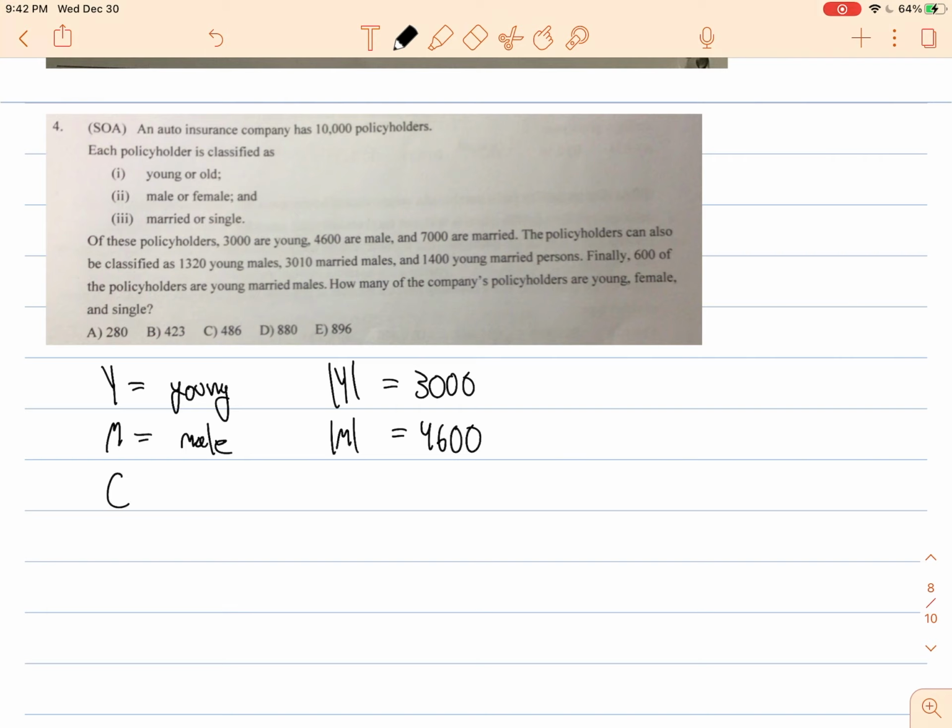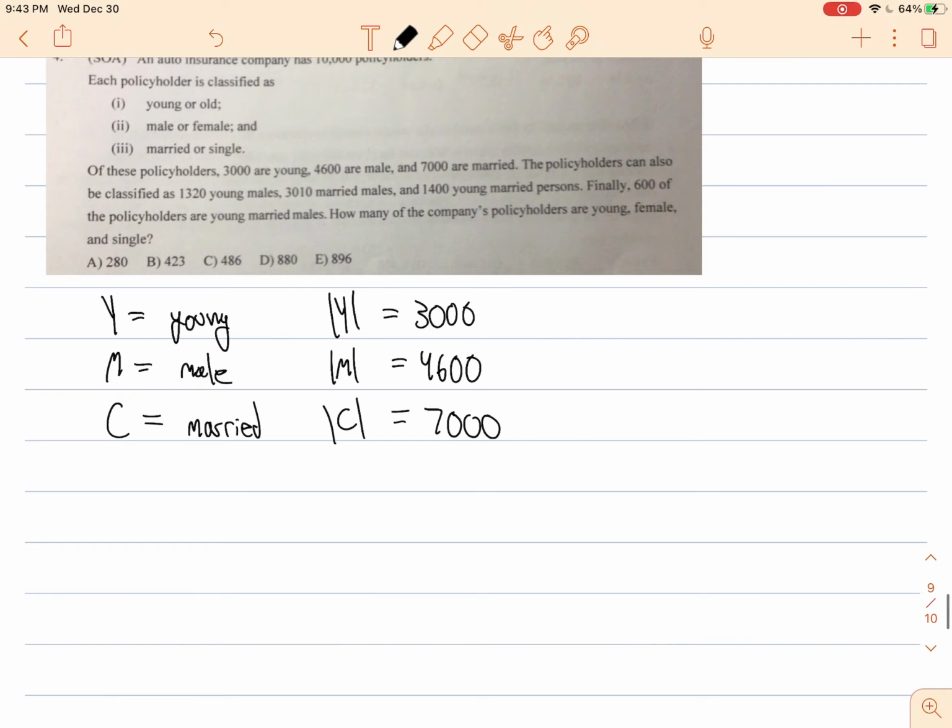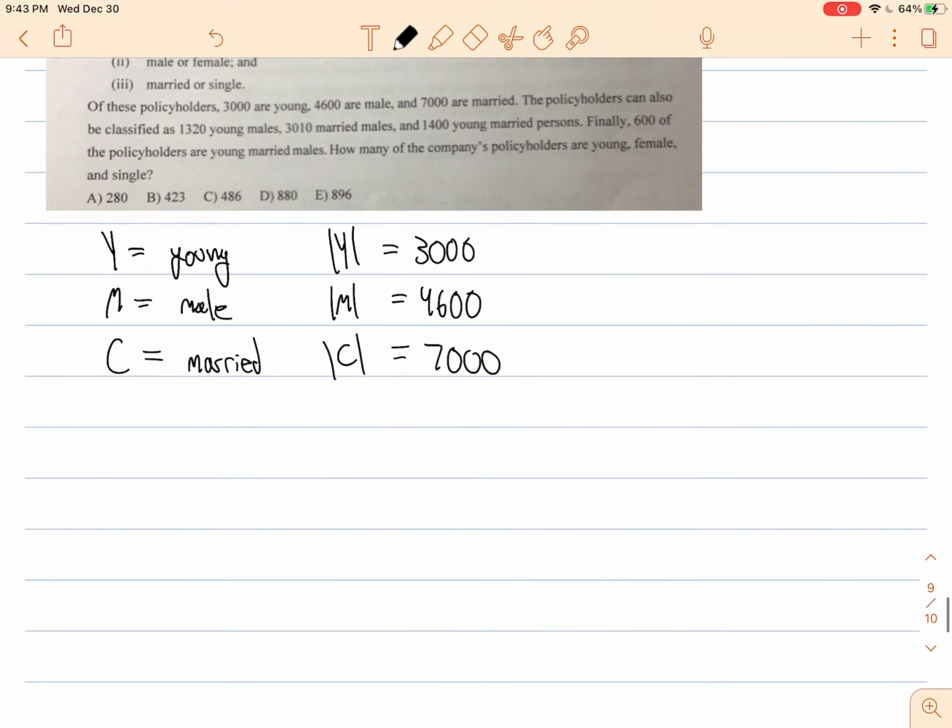7,000 are married. I'm going to make C married. I don't know what C means in terms of marriage, but we're not going to use M. So that's 7,000. Okay, and then the policyholders can also be classified as 1320 young males. So young intersect male is 1320. And 3010 married males.